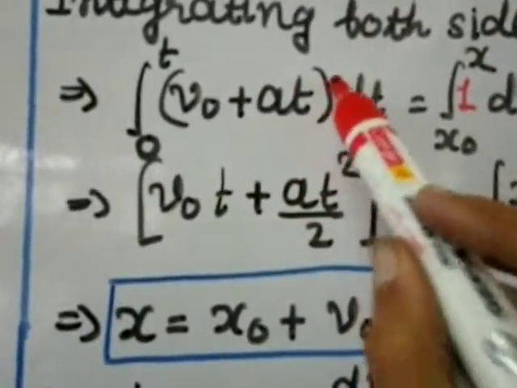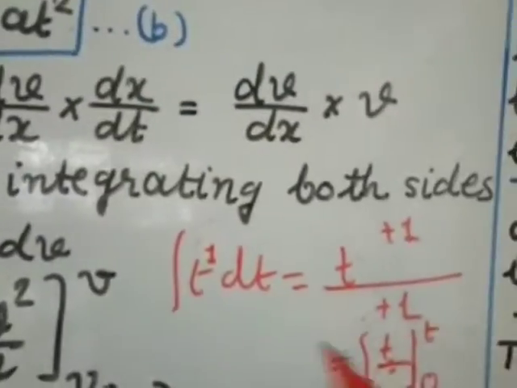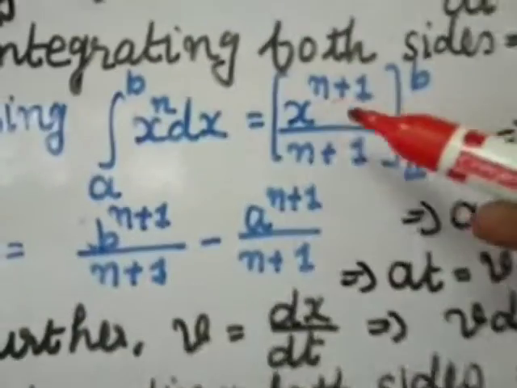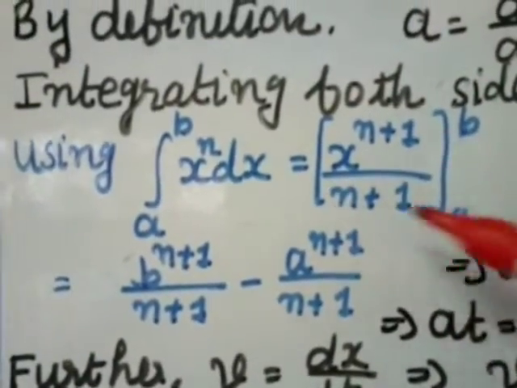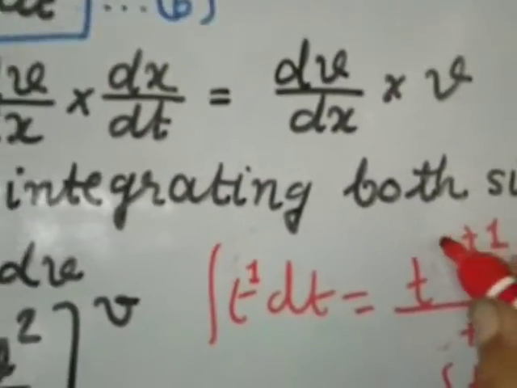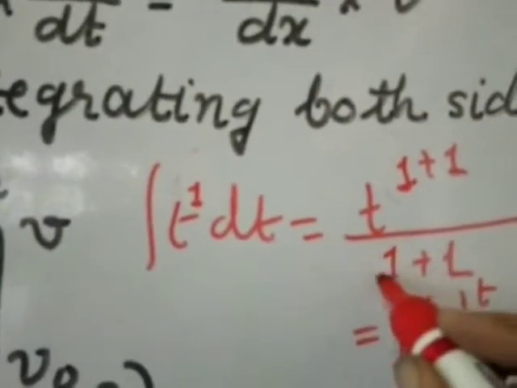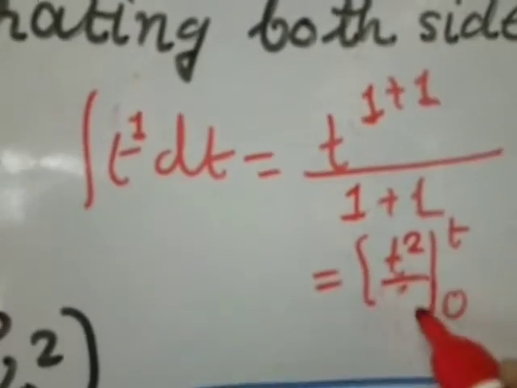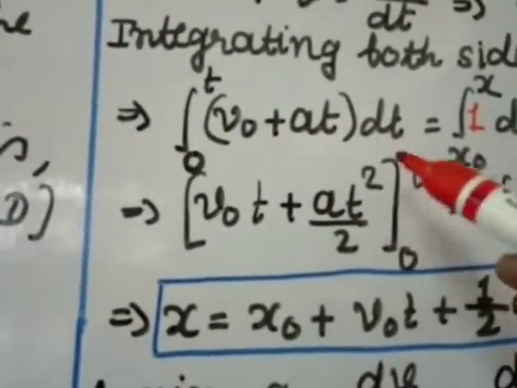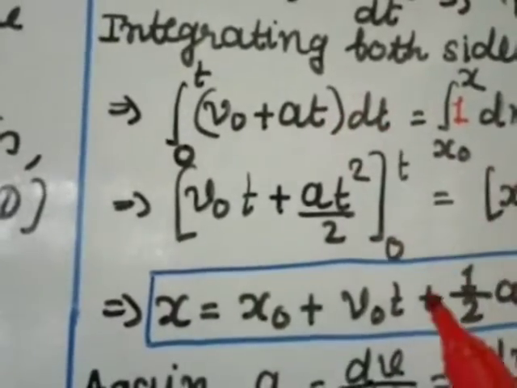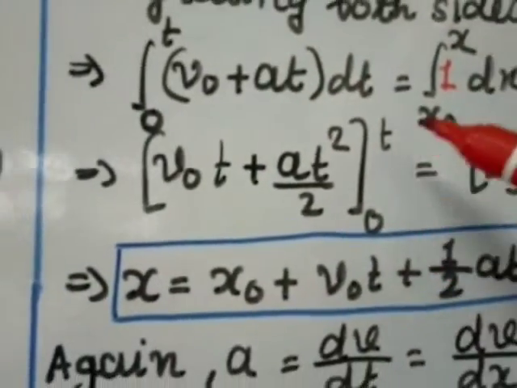We have not written here t power 1, but it is t power 1. So the formula is x power n plus 1 divided by n plus 1. So here t power 1 plus 1, because n is 1, divided by 1 plus 1. So it will be t square divided by 2. I am writing here a as it is, and t square by 2, that is the integral of t with respect to t, and the limit is from 0 to t.